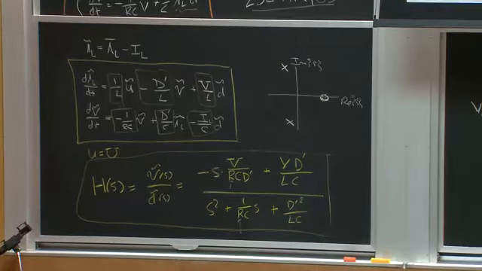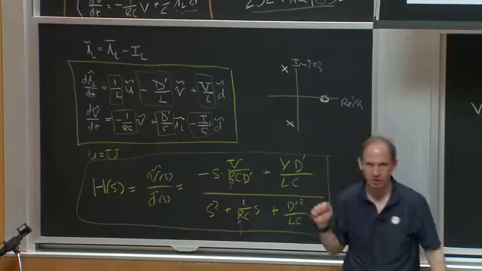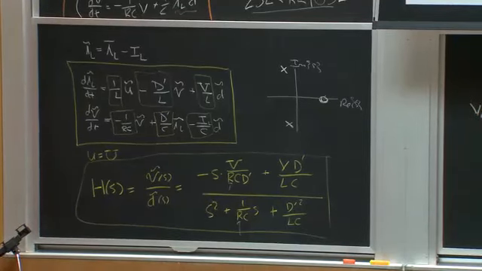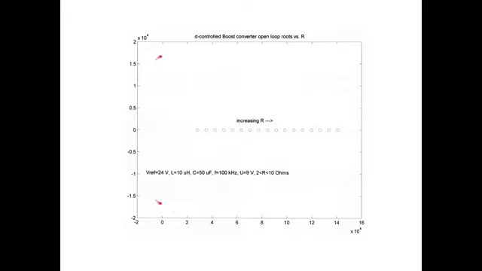So if I calculate this transfer function's poles and zeros for different values of R at the nominal input voltage, this is what you're going to see, okay? The poles, and in the right half plane, these are the zeros. The location of the 0 moves with different values of the load resistance.